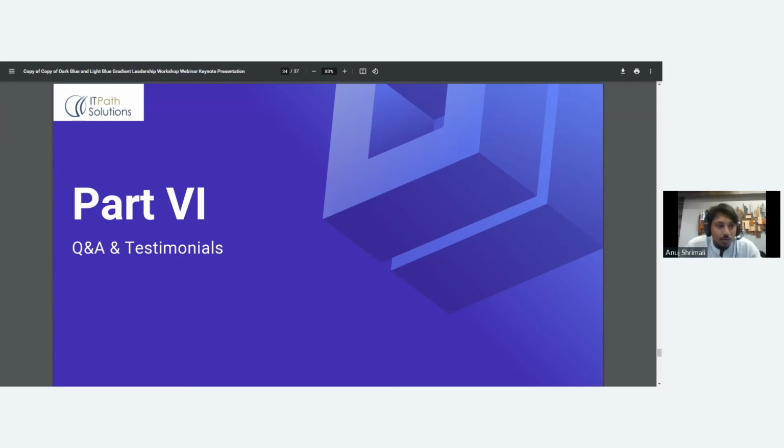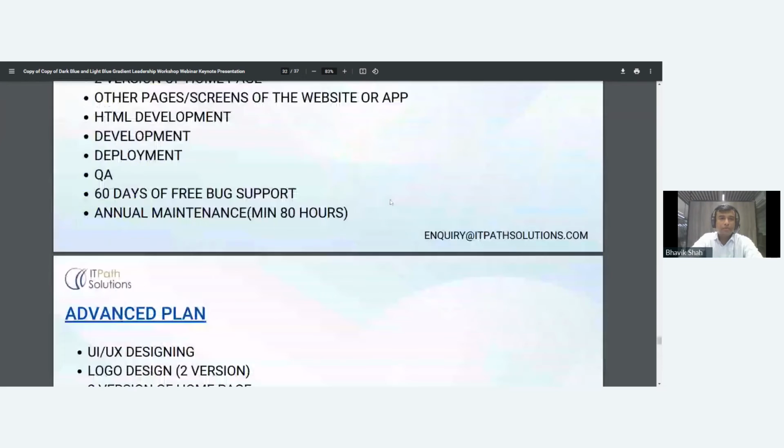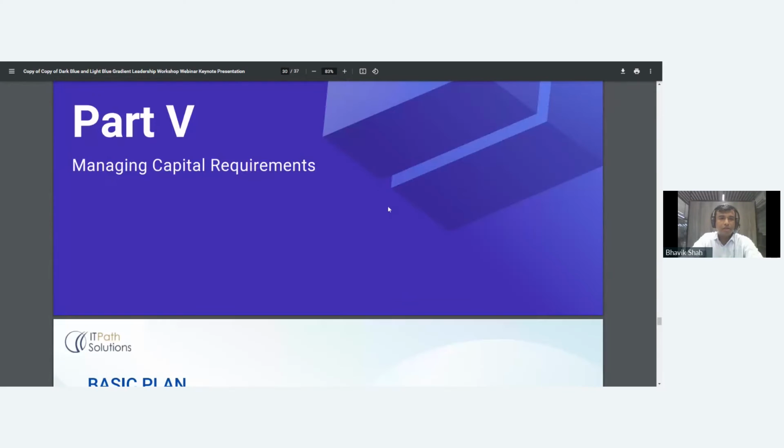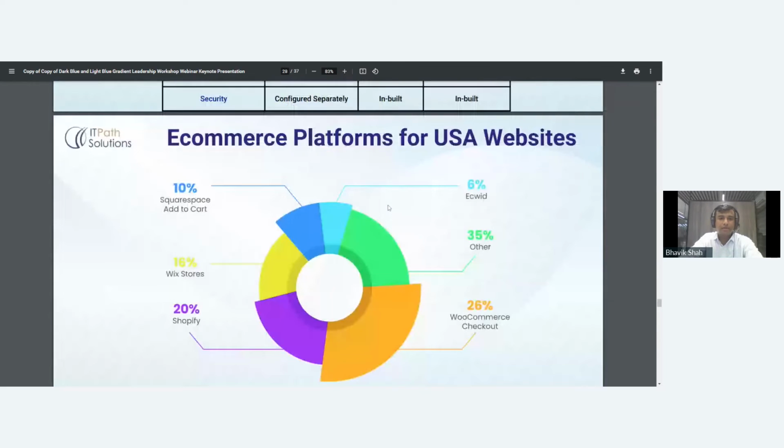Andrew has asked, is Shopify a good solution? Yeah, Shopify can be a good solution. Let me go back to the chart where we have compared the platforms.